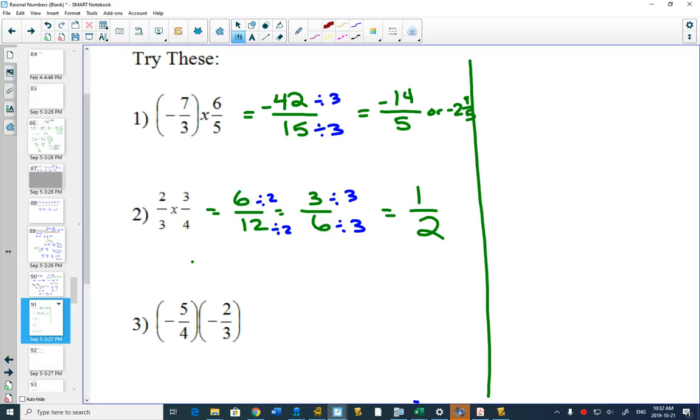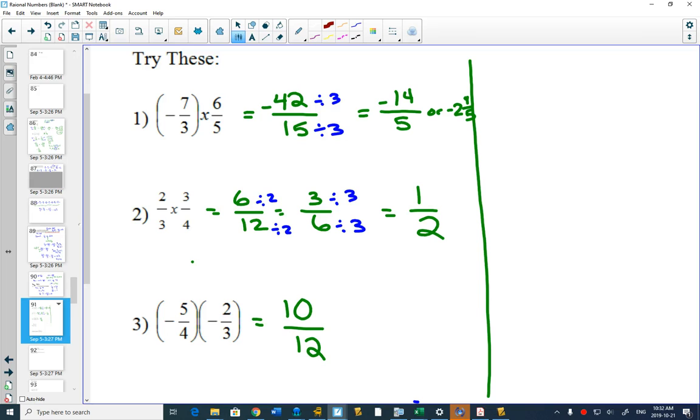Now, if we can find the biggest number they divide by first, it makes it faster, but that's not always going to be the case. Okay. The last one, multiplying. Multiply the tops. 5 times 2 is 10. 4 times 3 is 12.